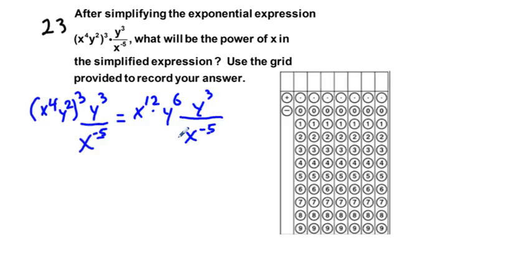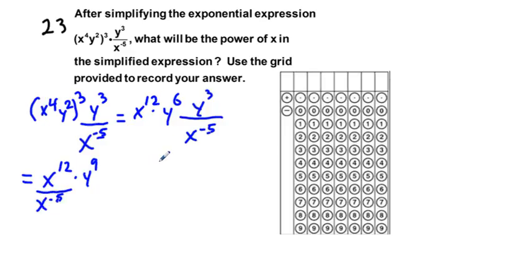So what we have here, just combining things, we have x to the 12th, and then y to the 6th times y to the 3rd power is going to be y to the 9th power, and then we have this over x to the negative 5th power.